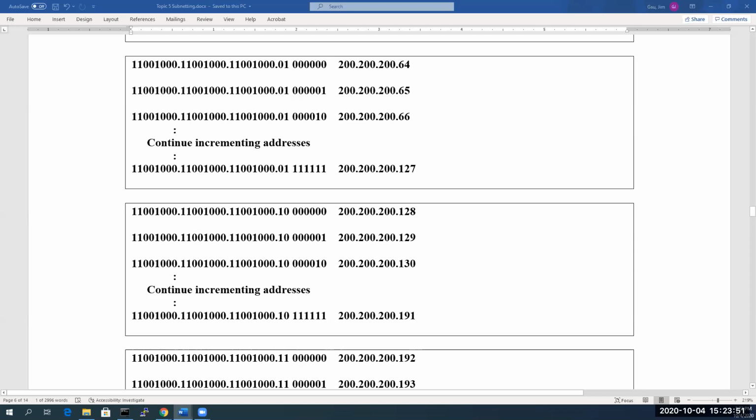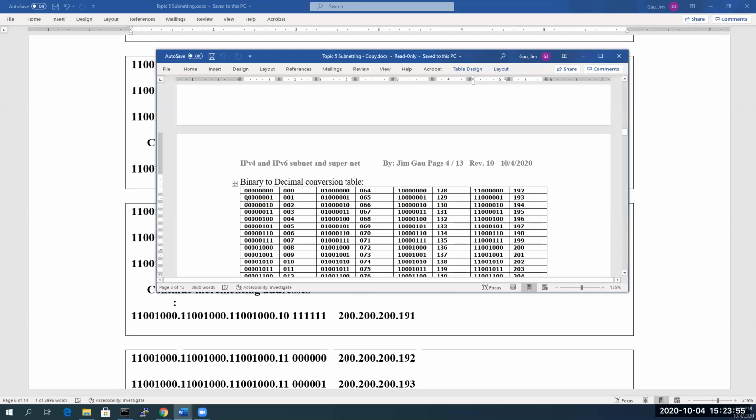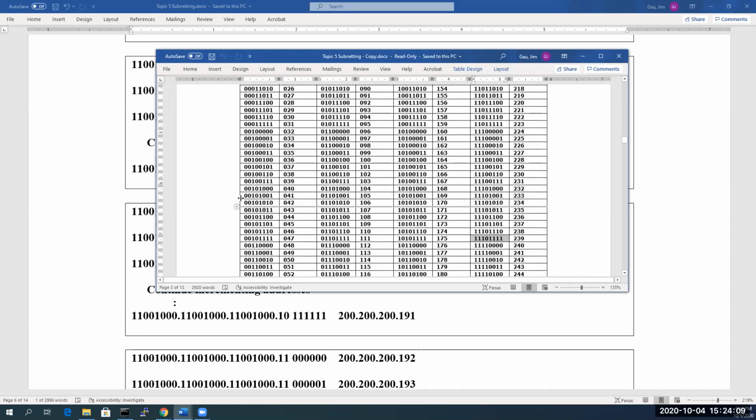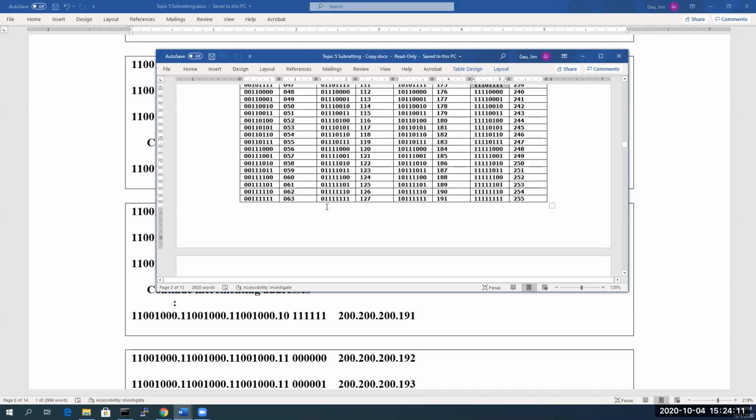We just divide it. So if we go back to take a look at here, you can see 00 for the whole column 1, and 01 for column 2, 10 for column 3, 11 for column 4. And you can see 00 all the way to the last one, okay? And 01 to the second one, and 10 and 11. So it's from 0 to 63, the first new network.